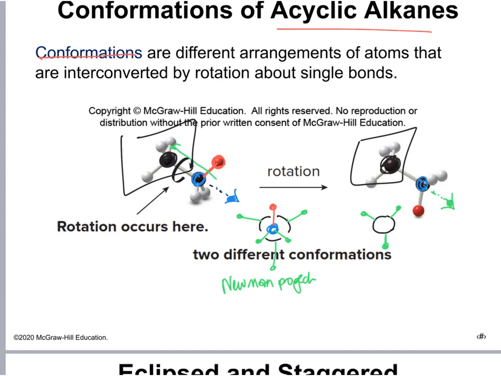The back carbon is this circle here, and the front carbon now shows you that these are lined up. So the red oxygen is here, and when these rotate, they're constantly rotating. That's what you're capturing with this Newman projection. This is called a staggered.